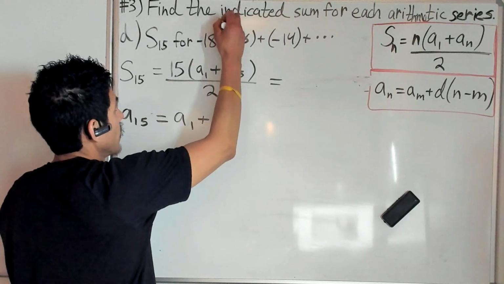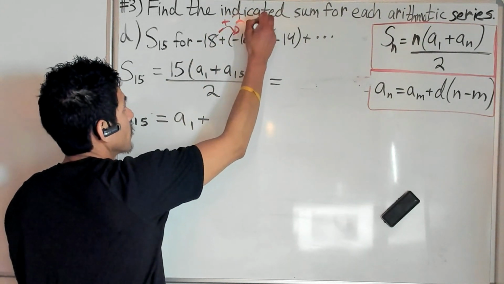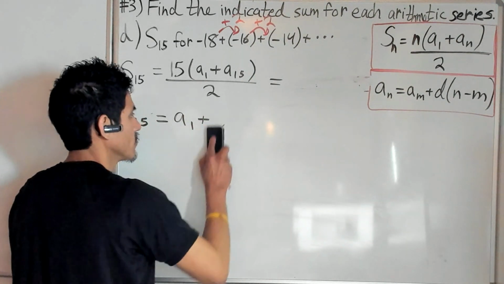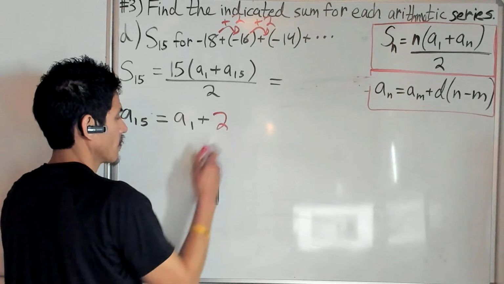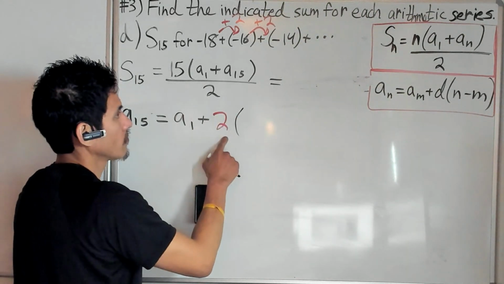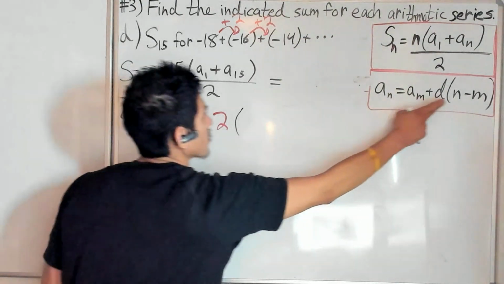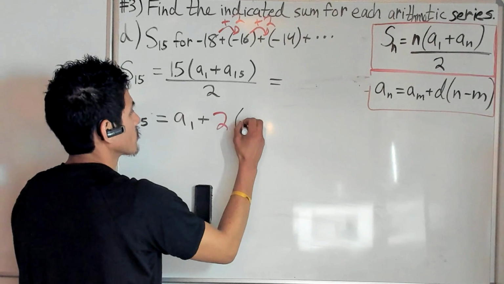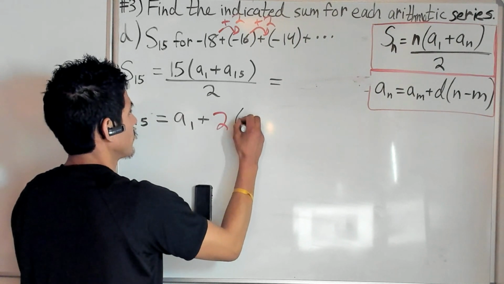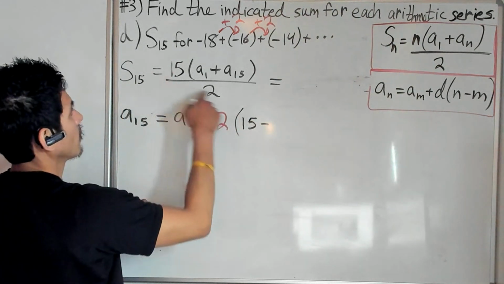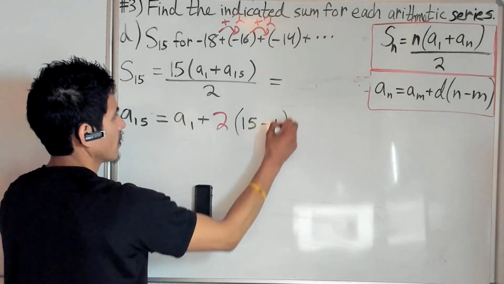Because we're going up by 2 each time. So our common difference is 2. I'll have 2 times n minus m. So n will be 15. m will be 1.